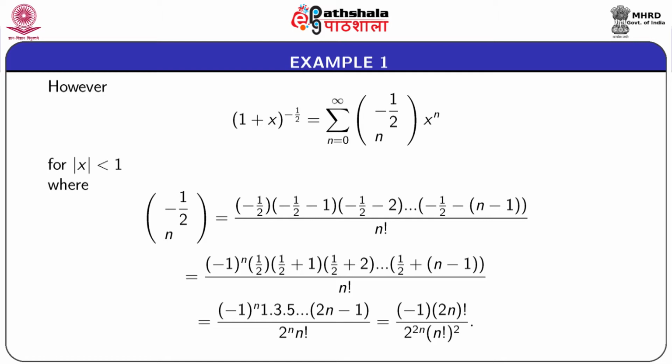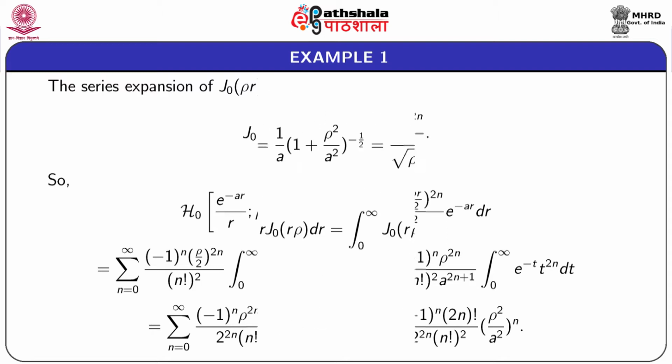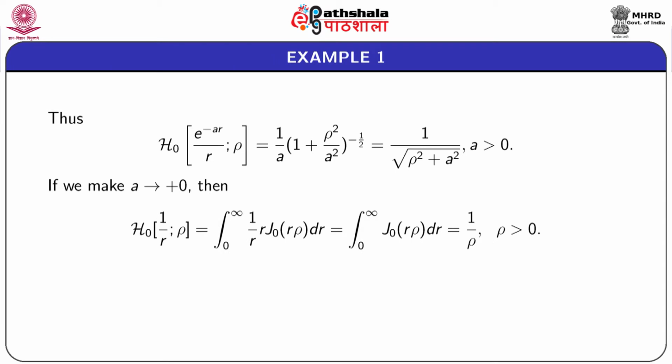Now, looking at this summation and comparing with this summation, we can write Hankel transform of e to the power minus ar by r as 1 by a into (1 plus rho square by a square) to the power minus half, which is equal to 1 by root over (rho square plus a square), where a is positive.